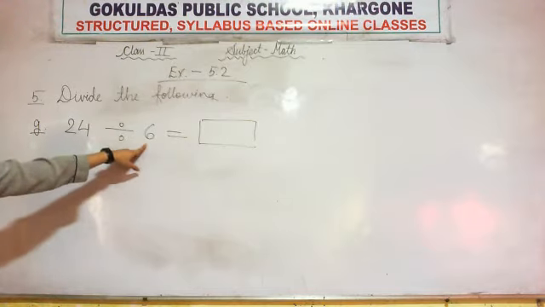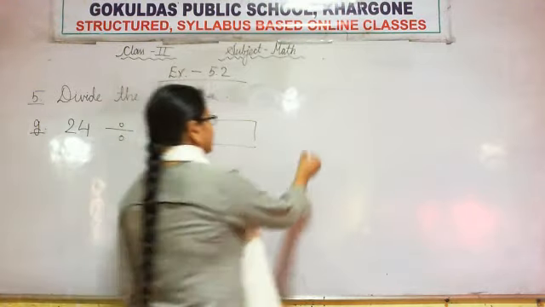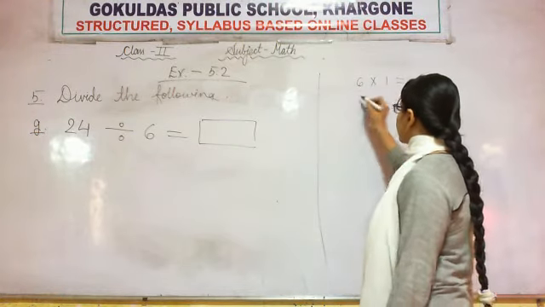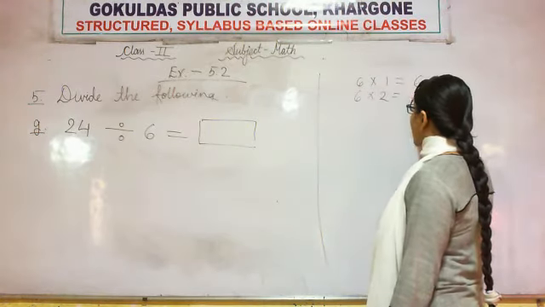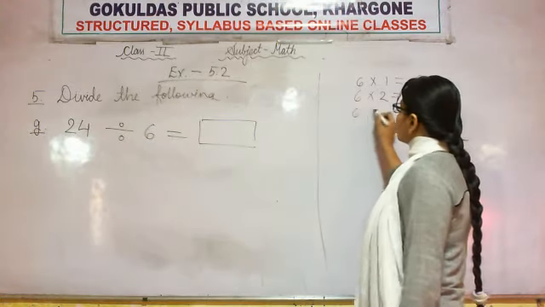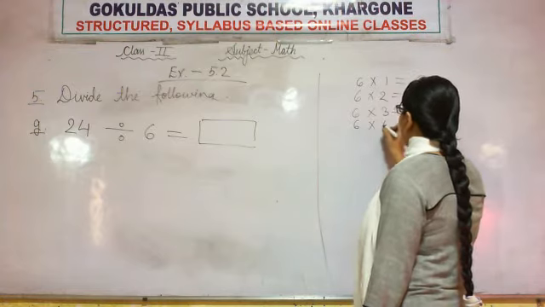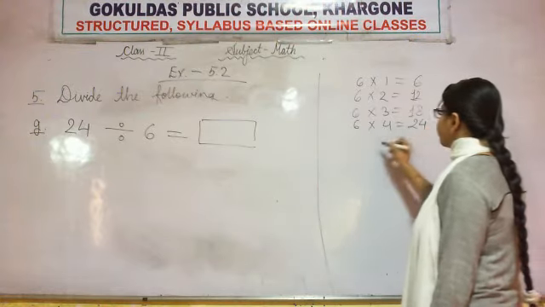Now for this we need the table of 6. So 6 ones are 6, 6 twos are 12, 6 threes are 18, 6 fours are 24.